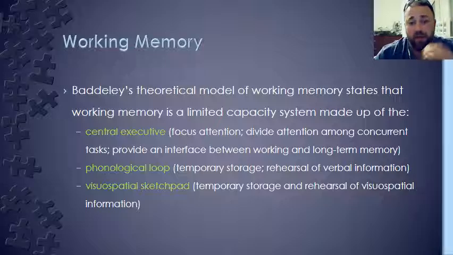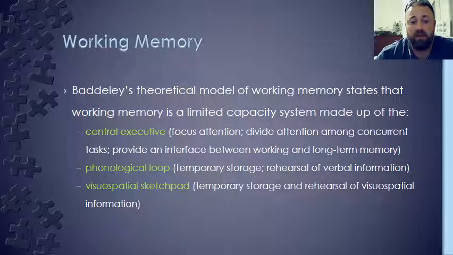The underlying theory that guides working memory is Baddeley's theoretical model of working memory, which states that the working memory is a limited capacity system made up of three key areas. These include the central executive, which primarily focuses on attention and dividing attention among concurrent tasks and providing an interface between the working memory and long-term memory.